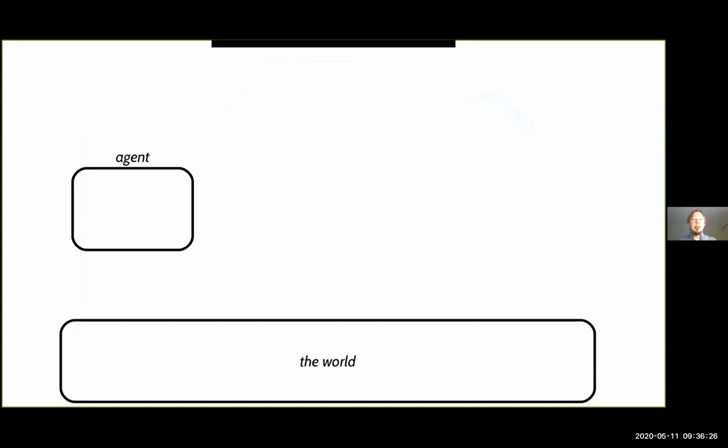There is some agent working in interaction with that world, so it observes the world. Probably it can only make partial observations of the states of the world, so it has a belief that somehow reflects the state of the world, but may not be the same. The agent acts according to some policy with the world, trying to accomplish goals, such as driving safely.